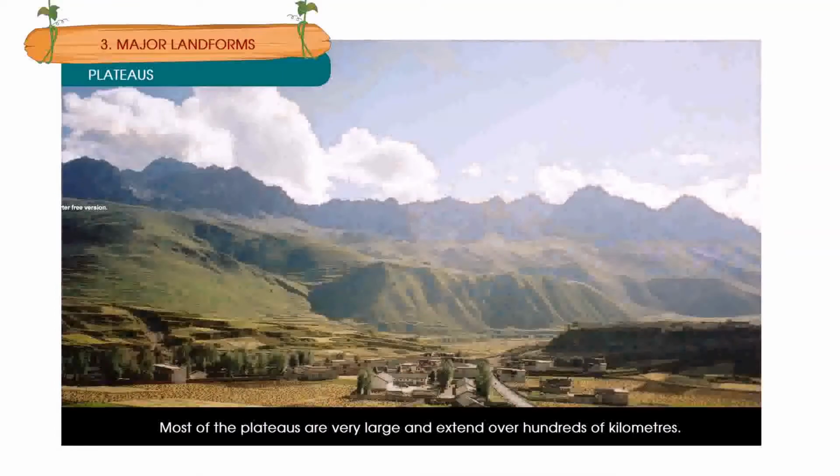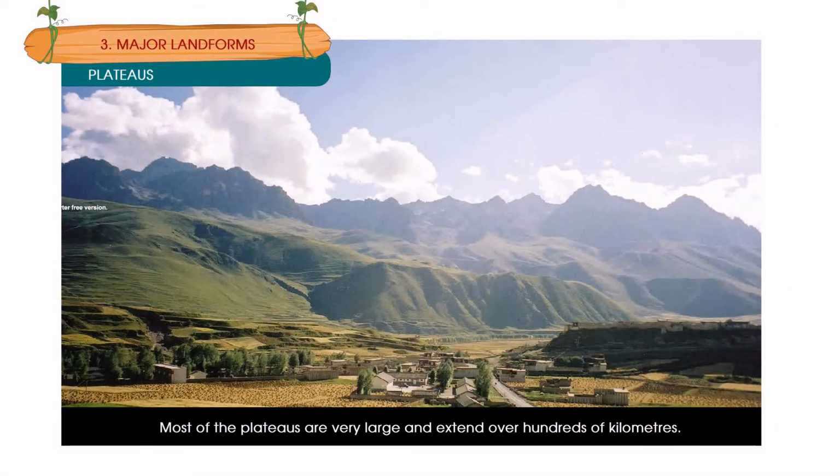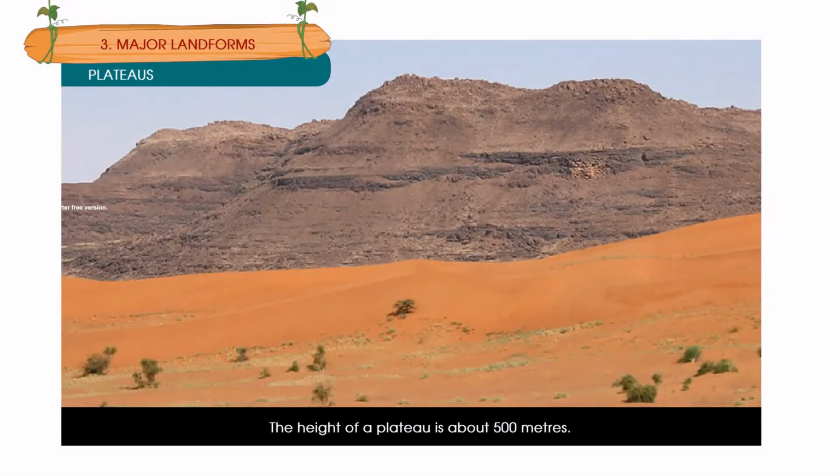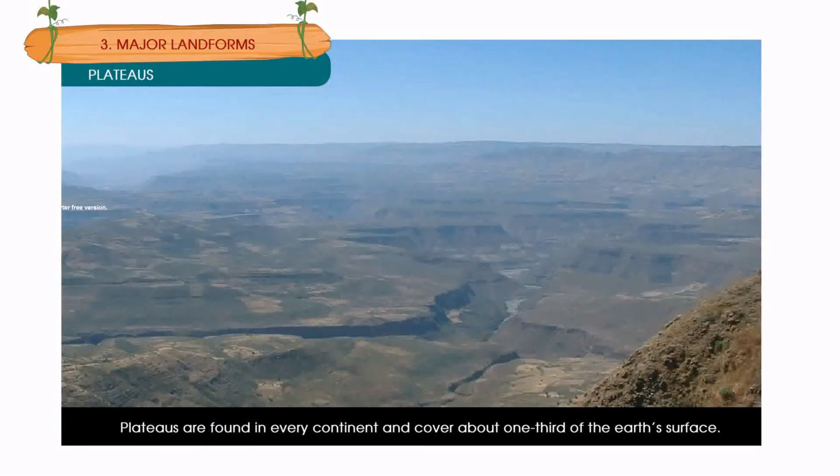Most of the plateaus are very large and extend over hundreds of kilometers. The height of a plateau is about 500 meters. Plateaus are found in every continent and cover about one third of the Earth's surface.